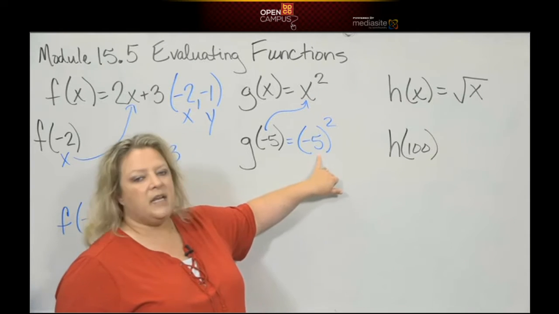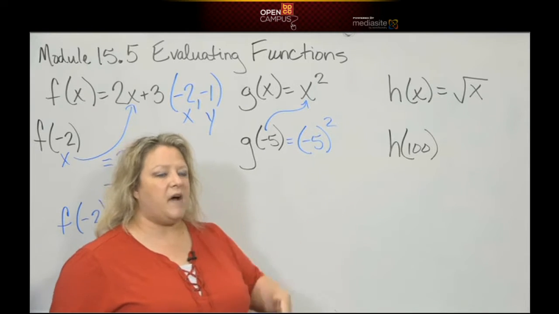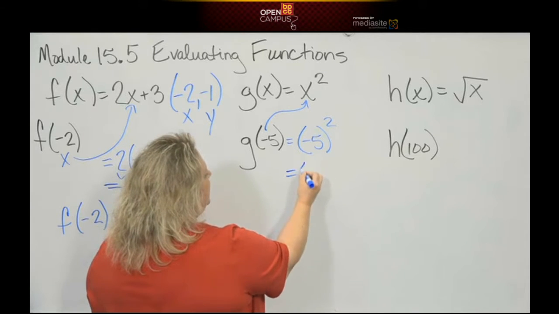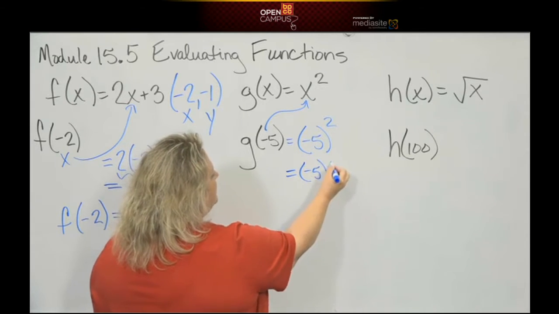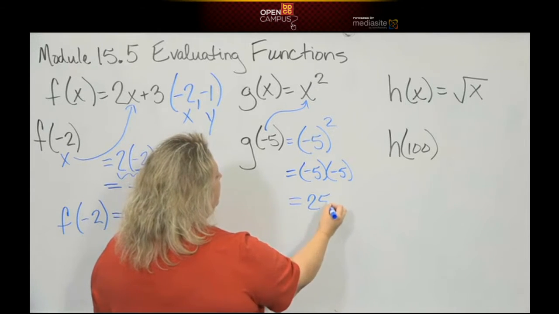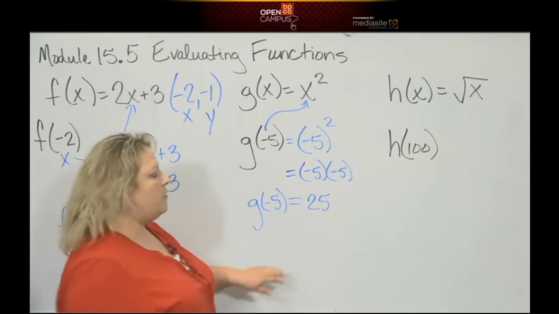So that means I'm taking negative 5 and I'm going to multiply it to what? Negative 5. That's what that means. The sign goes with it. So that would be negative 5 times negative 5. And that gives you positive 25. So g of negative 5 is equal to 25.